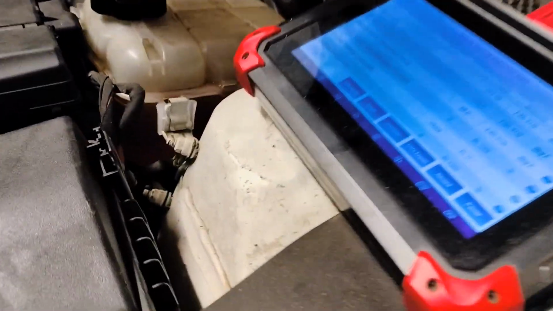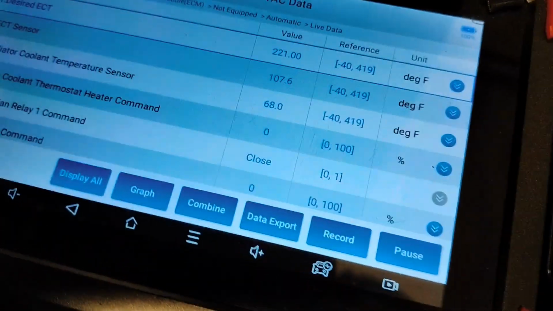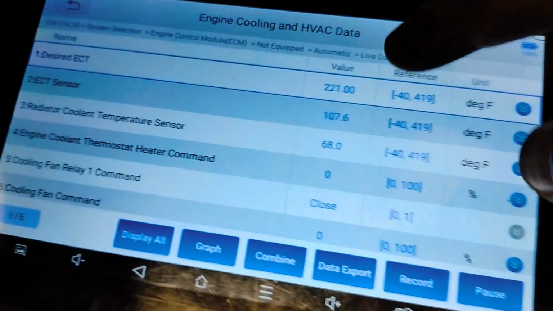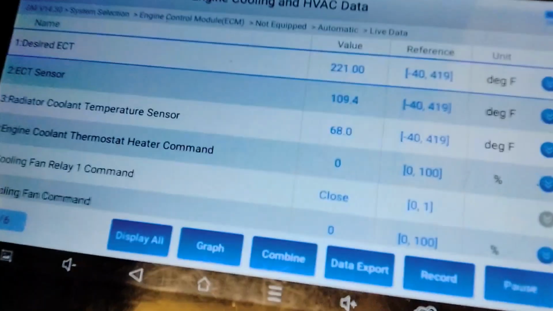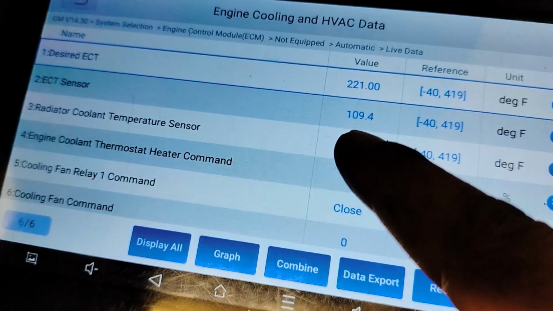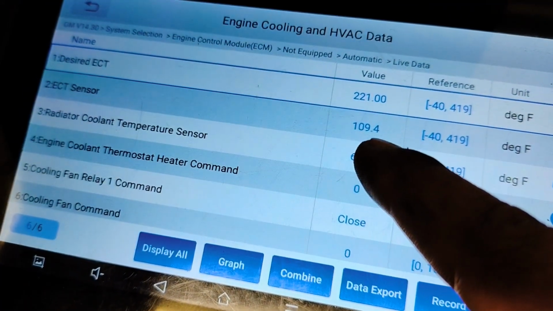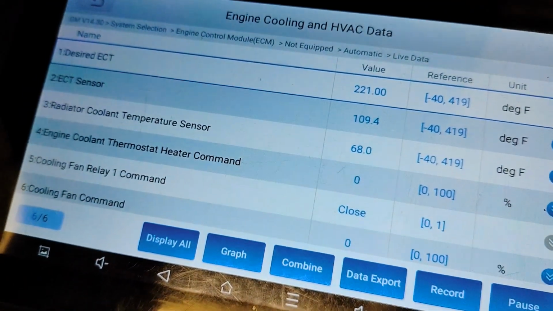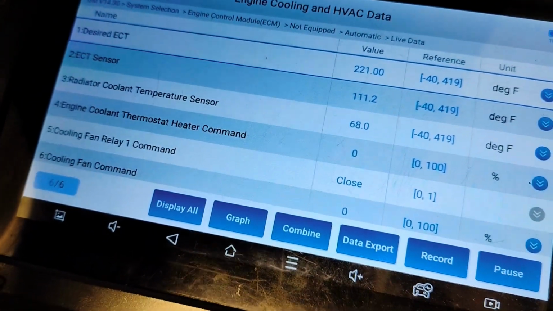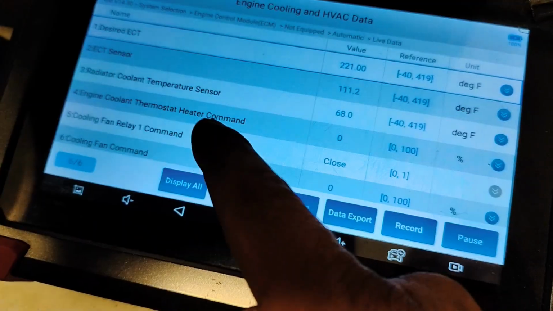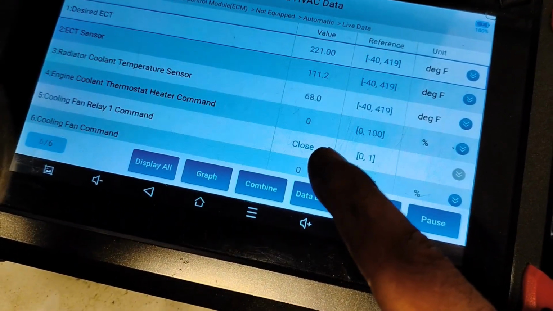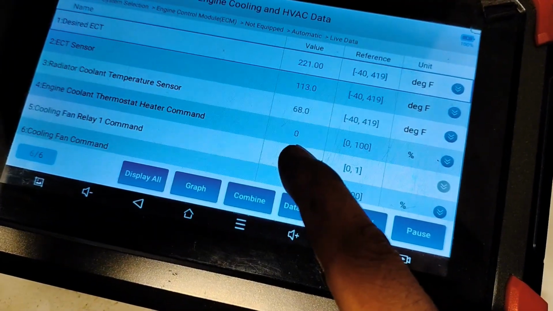So I have the vehicle turned on. Here I have my temperatures right now. The upper one is what the PCM wants the temperature to be at, and the bottom one is my engine coolant temperature, 109. Then we have the radiator coolant temperature sensor by the drain plug, and the command percentage on the thermostat when the PCM commanded the thermostat to turn on.